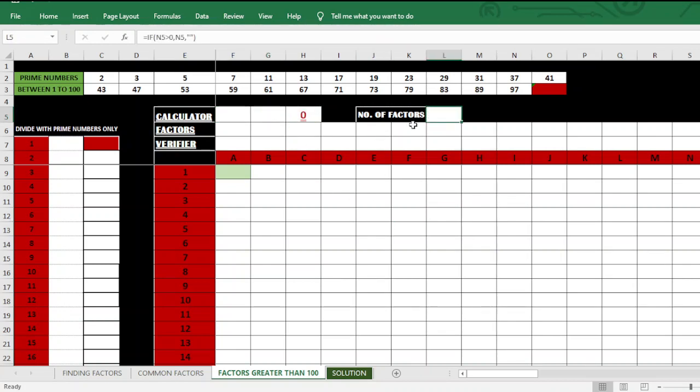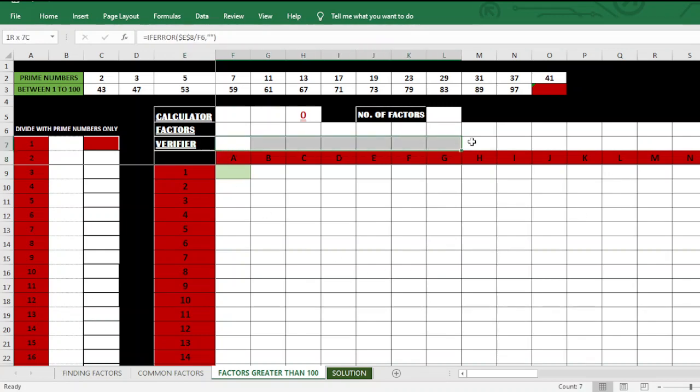Now over here, this tells us the total number of factors a given number has after we are done with our computation. Our factors will be listed over here, and then we also have a verifier. Our verifier just divides the number we are finding the factors for by the factors we have gotten.